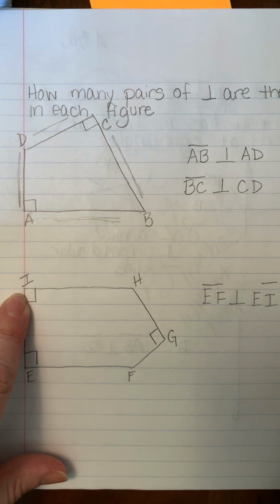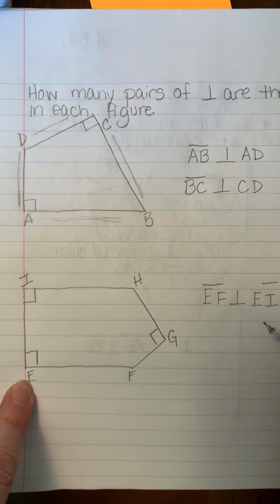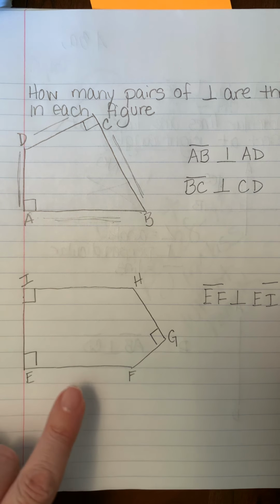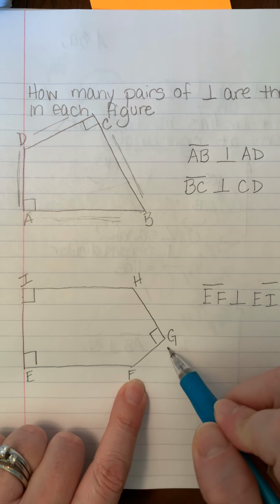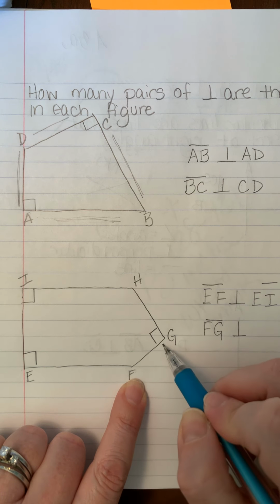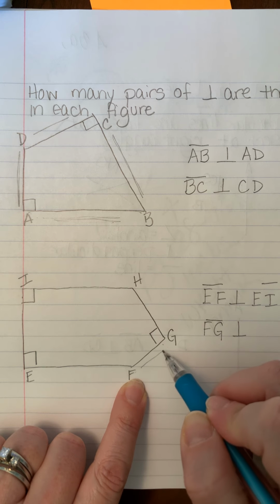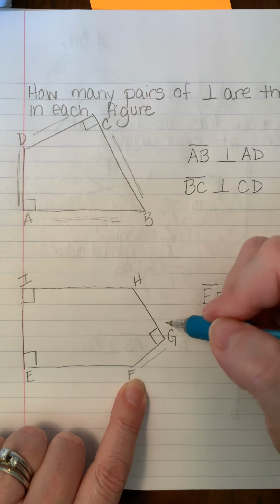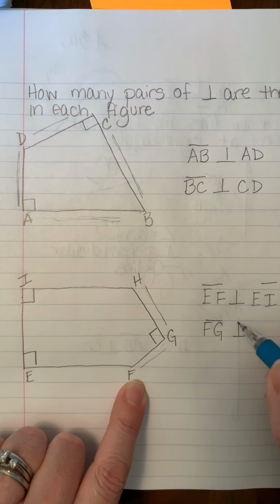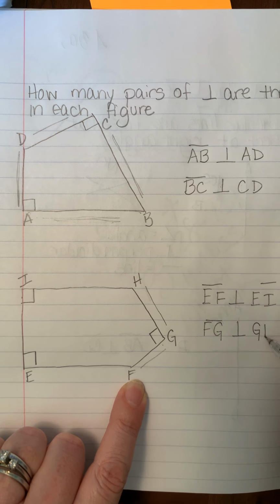Good. All right, now we name this one. We have 2 more to name. So we're going to find the next line. Our next line, FG. FG is perpendicular. Here's your 90-degree angle. Here's the line we're talking about. So this would be your other connecting line. So it would be perpendicular to GH.